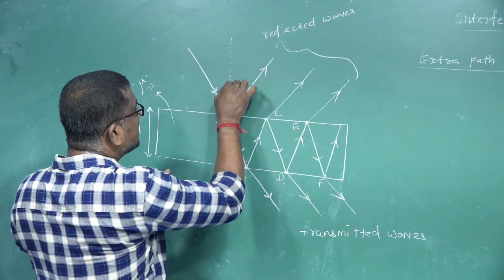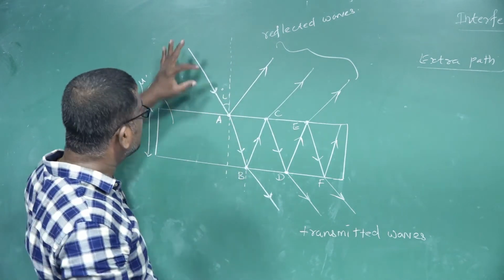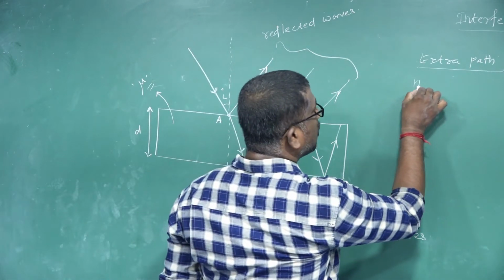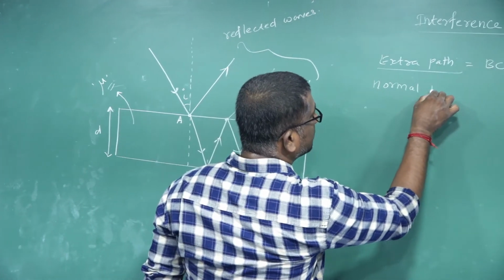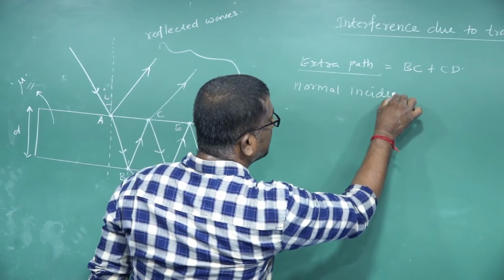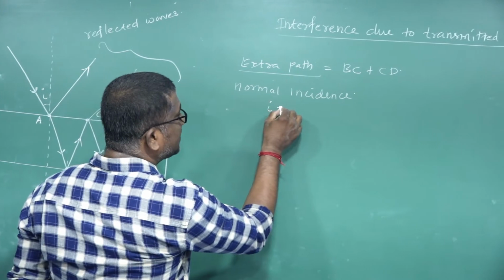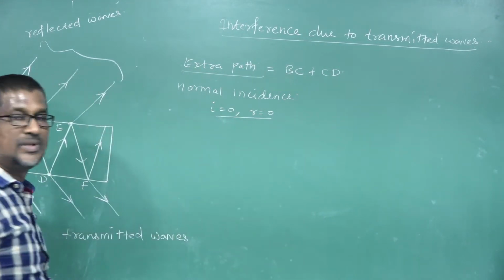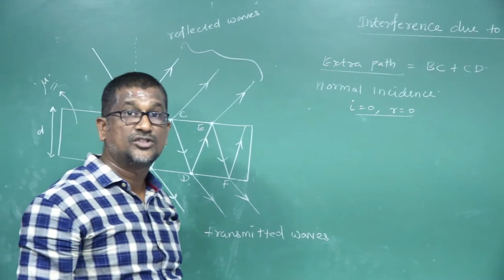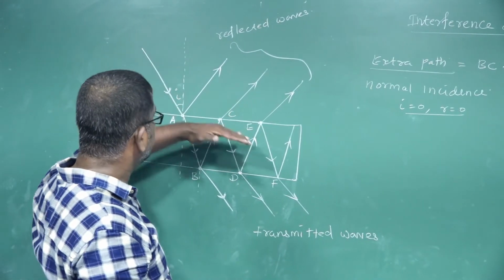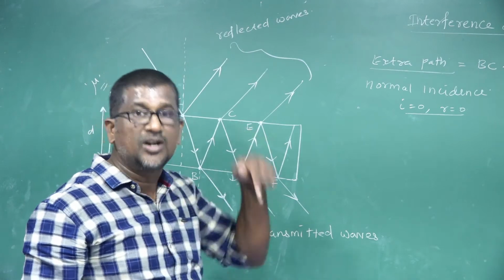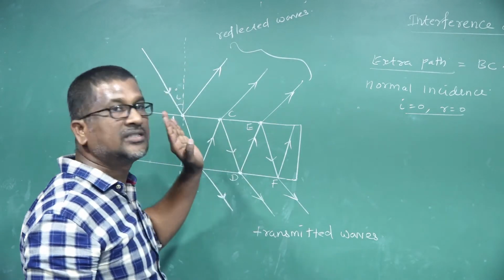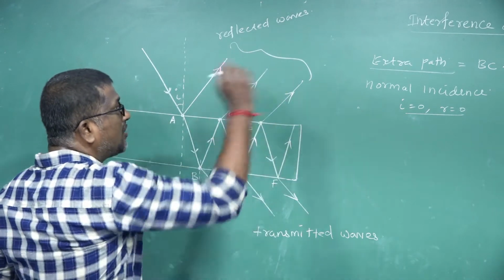For normal incidence, the angle of incidence is equal to 0 and the angle of refraction value is also 0.